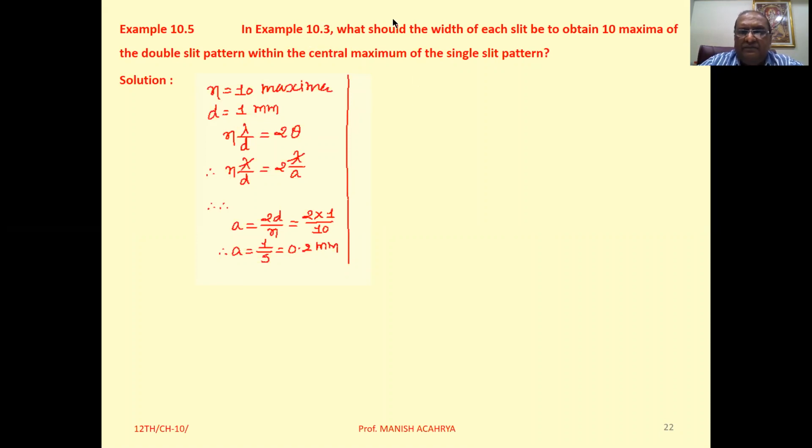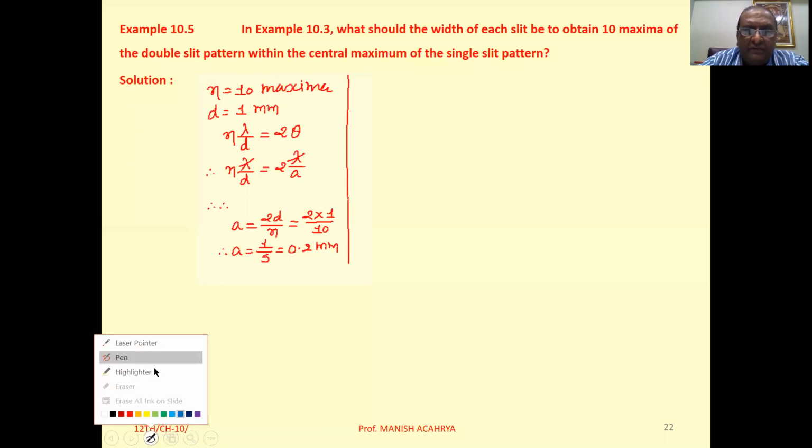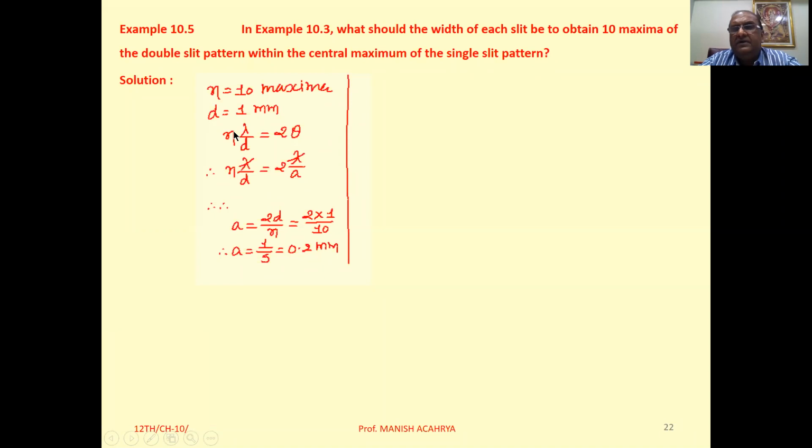Now see, if n maxima are accommodated in the angular width of 2 theta, then we can write 2 theta, that is n lambda by d.